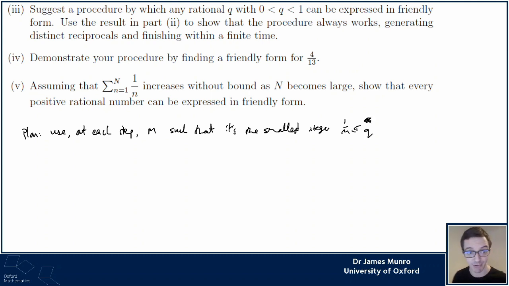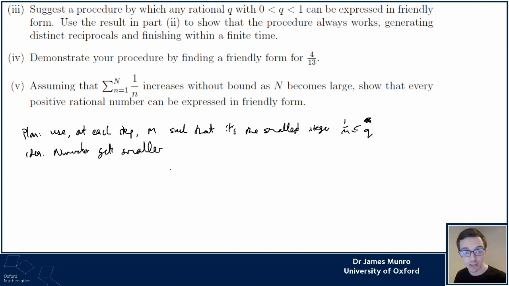Like in the previous part of the question, I want to use the smallest possible m at each stage such that 1 over m is less than or equal to q. I know that if I do that, the numerator gets smaller each time.